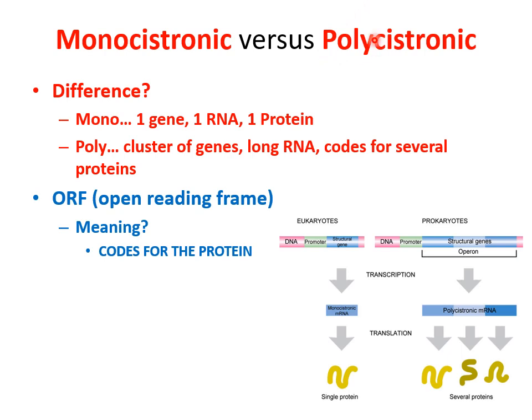Okay, so that's why it's poly, many proteins from that single cluster of genes that's under a single regulatory region. Okay, so notice with eukaryotes, the one gene is under one regulator area, and then here you have that one cluster of genes under one regulatory region, and then here you end up with several proteins.